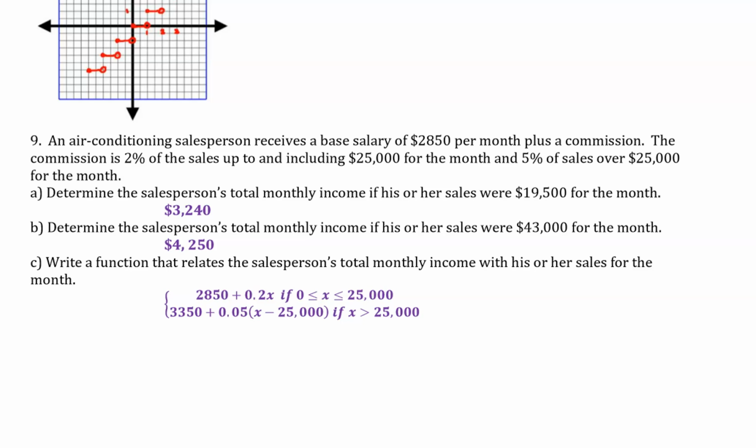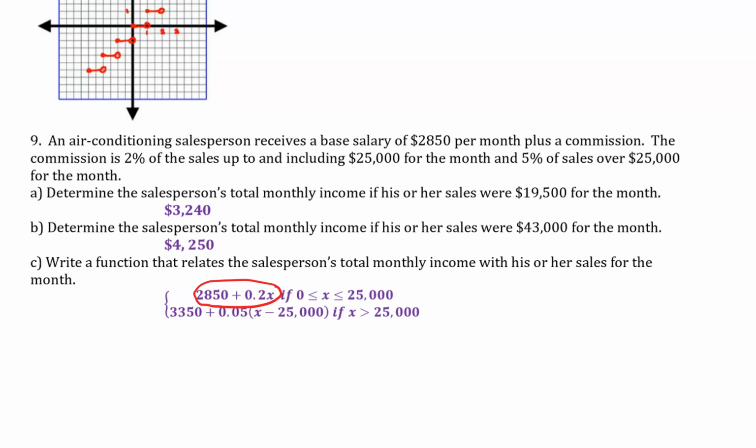It says write a function that relates the salesperson's total monthly income with his or her sales for the month. So this first part of the function is saying that he or she makes 2,850 plus 2%.